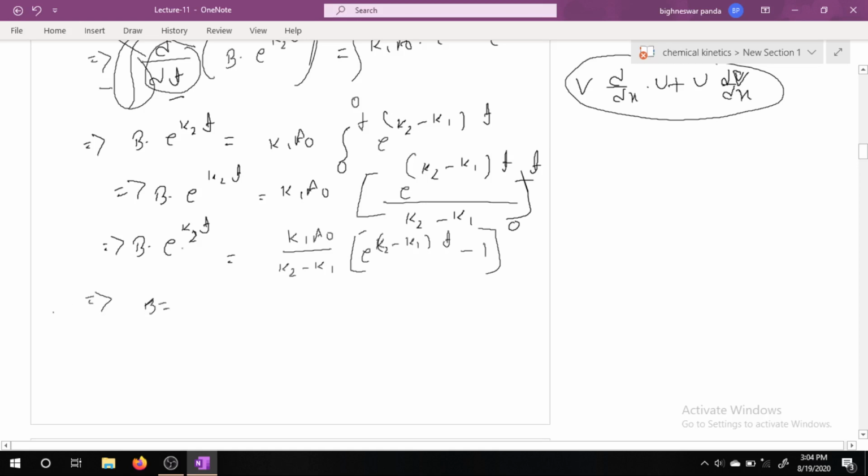So B is equal to, by dividing by e to the power k2t on the right hand side, k1 A naught divided by k2 minus k1, into e to the power k2 minus k1 t minus 1 divided by e to the power k2t.